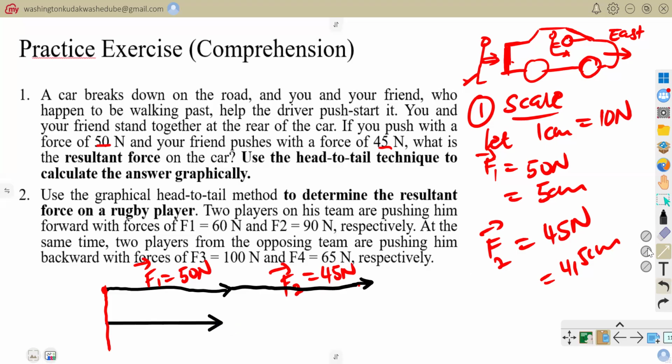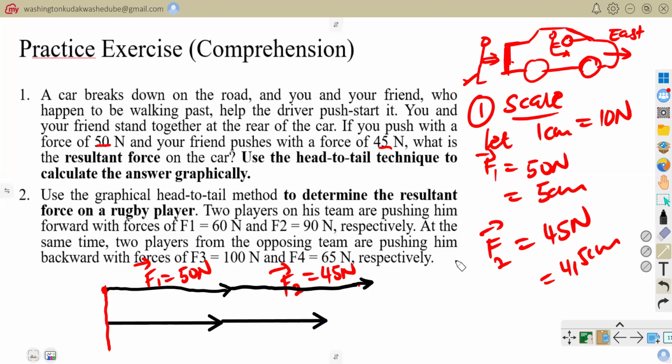So we need to draw another line which is 4.5 centimeters in length going to the east, starting from the head of our first. So that becomes 4.5.